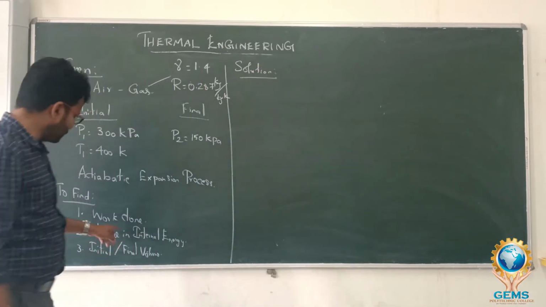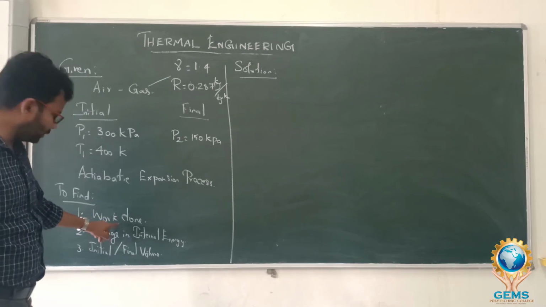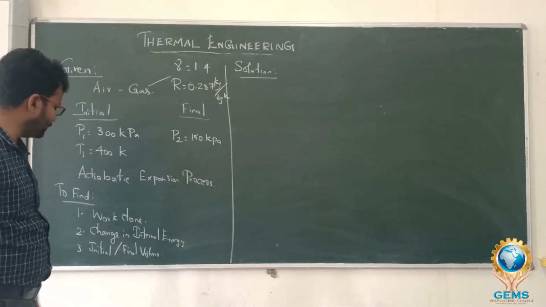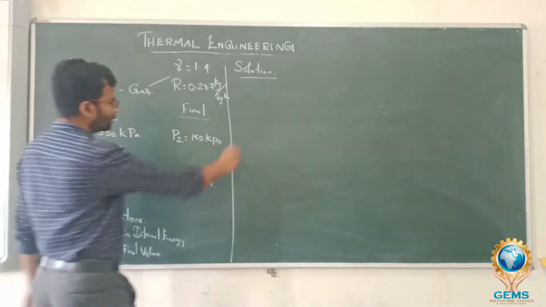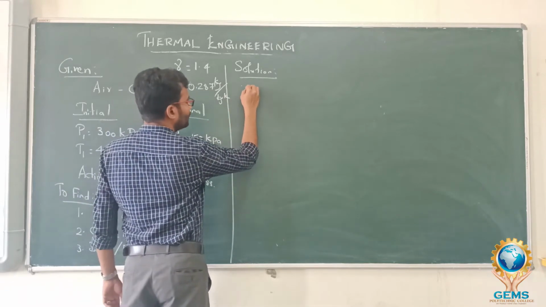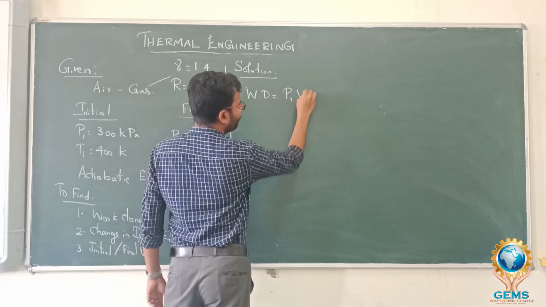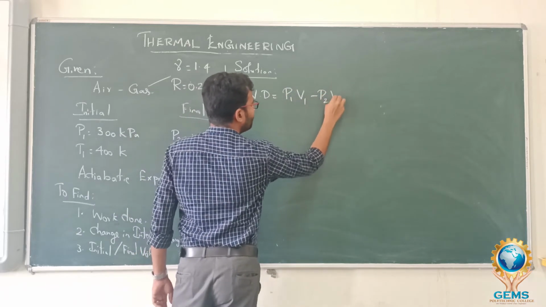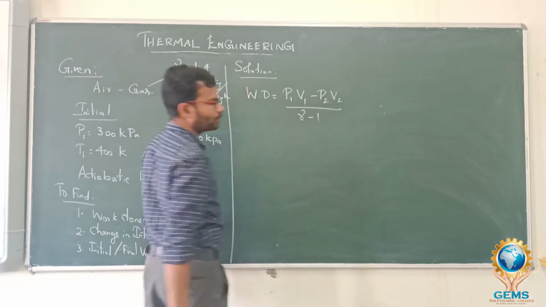Before that, we have to check what formula is used for work done and how we are going to find the initial and final volume. According to the adiabatic expansion process, the formula for the work done is WD equals P1 V1 minus P2 V2, divided by gamma minus 1.